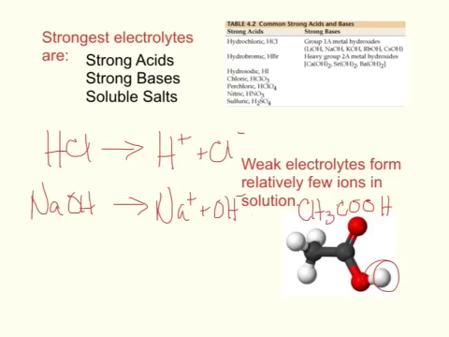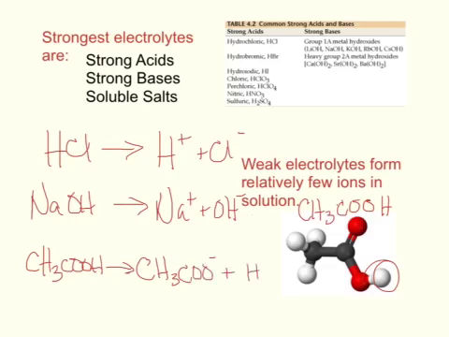So what happens with acetic acid is that some of it comes apart, forming the acetate ion and hydrogen ions, but only a little bit of it dissociates, and an equilibrium forms.